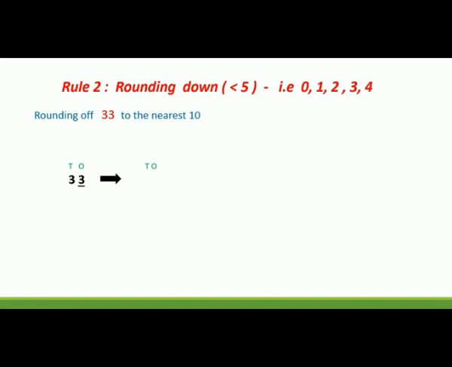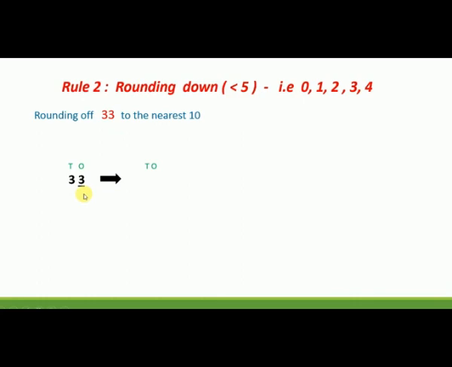The ones place has the number 3. So if the ones place has a digit less than 5, that is 0, 1, 2, 3 or 4, any of these numbers, we need to do the rounding down.